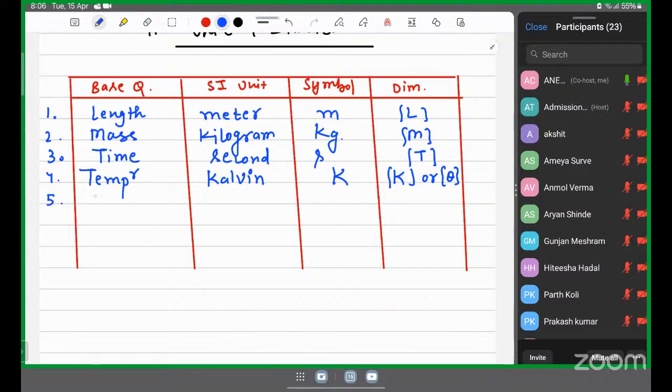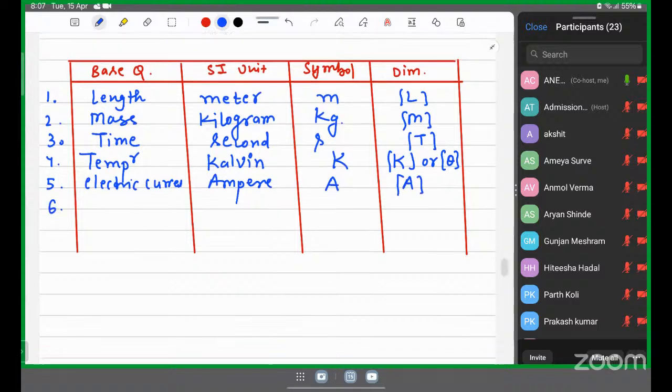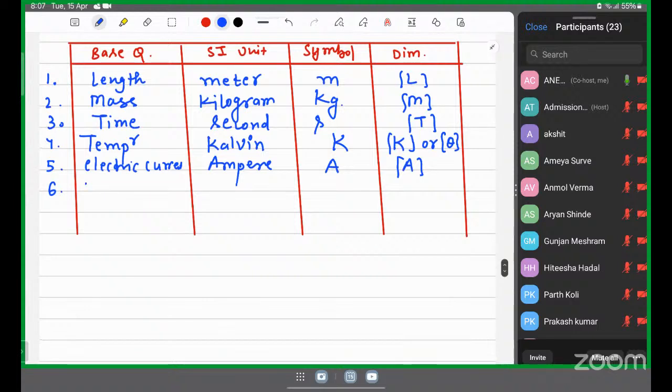Then we have electric current. Unit for electric current is ampere, and its symbolical representation is A. Its dimension is also A. Then we have amount of substance, which is measured in moles. Symbolical representation is mol, and dimension is also mol.